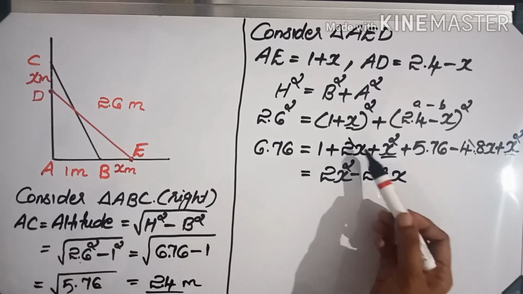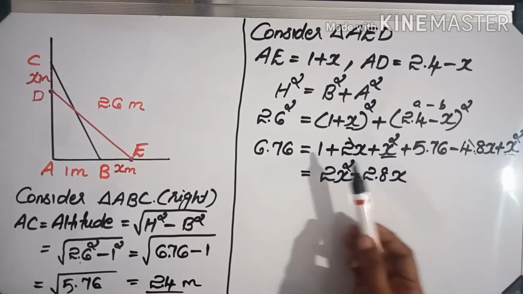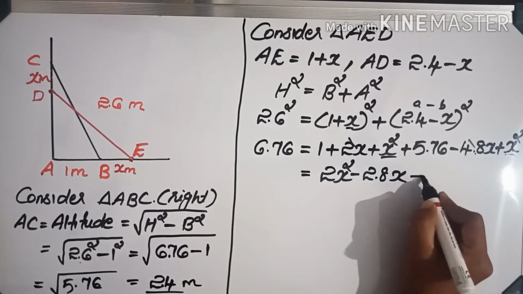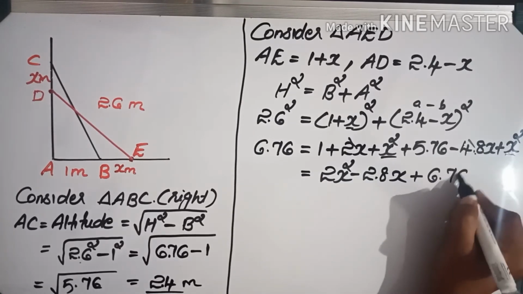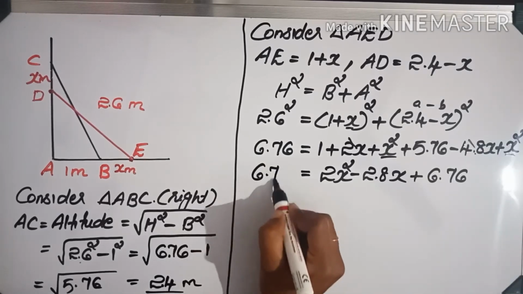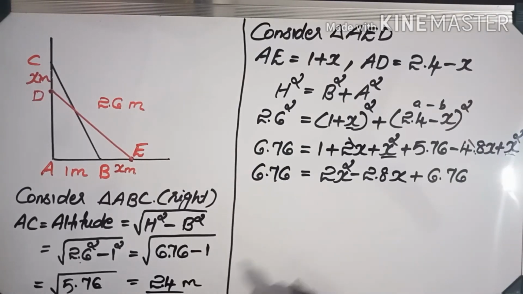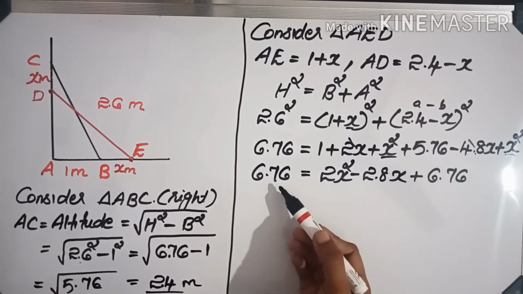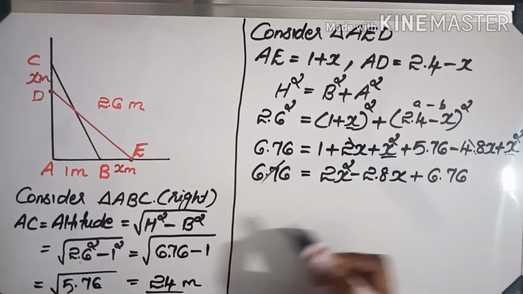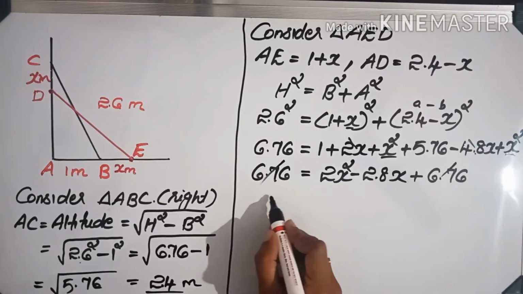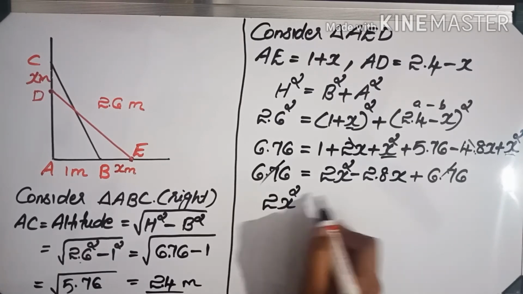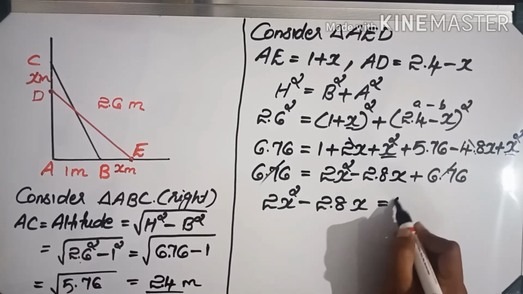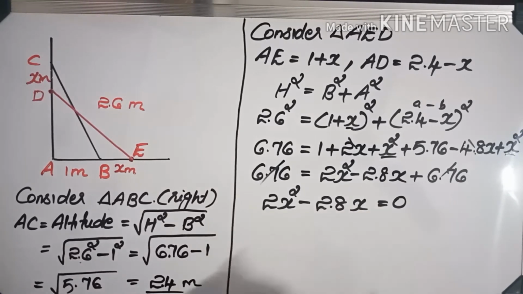Now 1 plus 5.76 total is 6.76, and here also 6.76. Both are positive, so if we take 6.76 to this side, it will be minus and it will be 0. So we can cancel this. The remaining is 2x square minus 2.8x equal to 0.